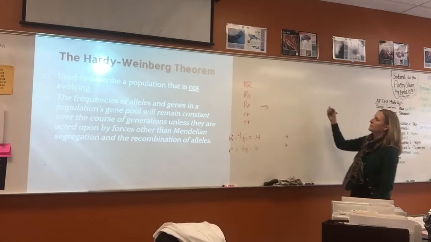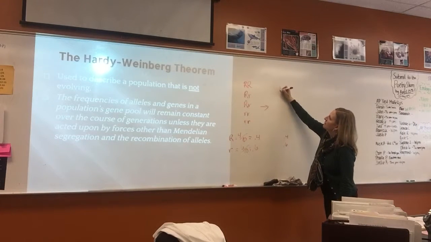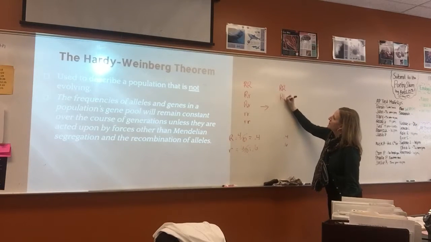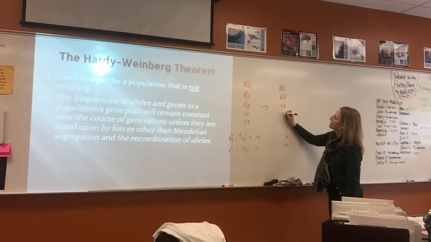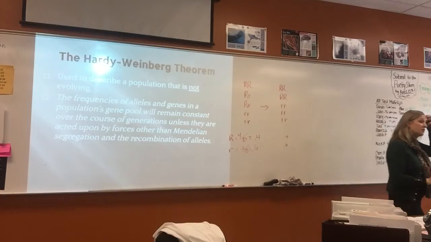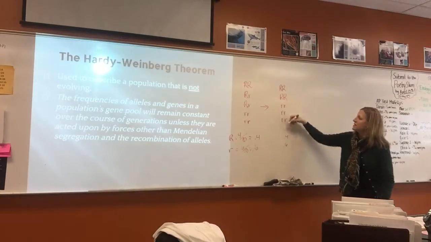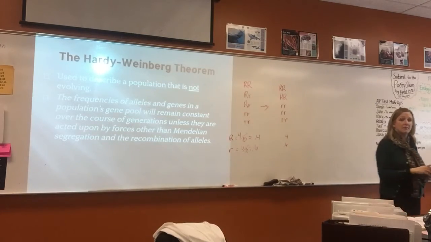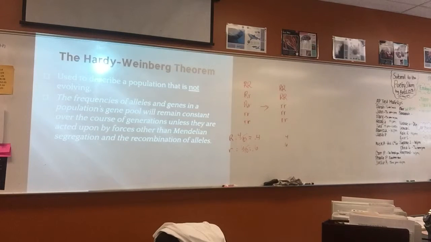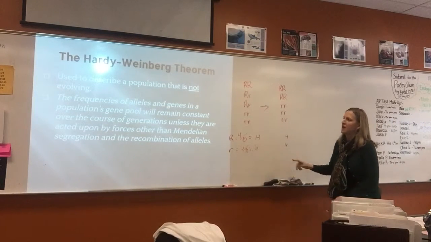First two both be homozygous dominant and the rest be recessive. Like this? Absolutely. And this would still give me 60% little r, 40% big R, but my genotypes aren't the same. So we're not talking about the genotype staying the same, we're talking about the frequency of the alleles.